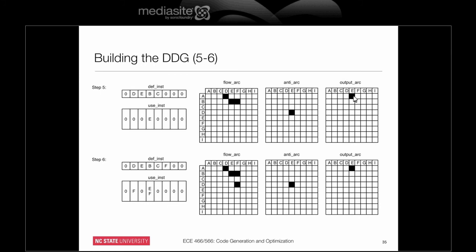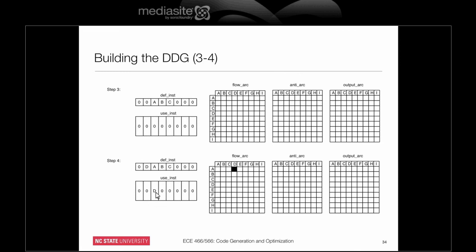We also see that E defines R2, and that D was the previous use. I'm sorry, I should see D here in this list.